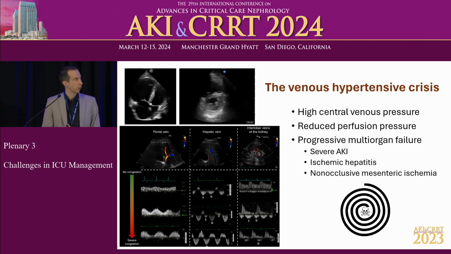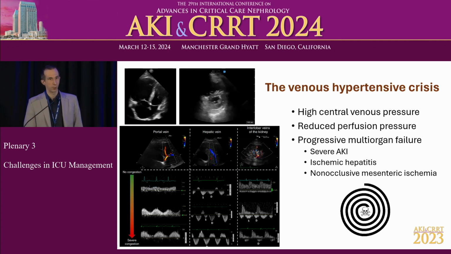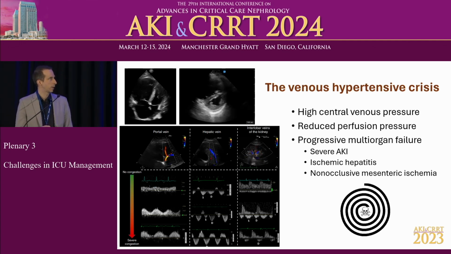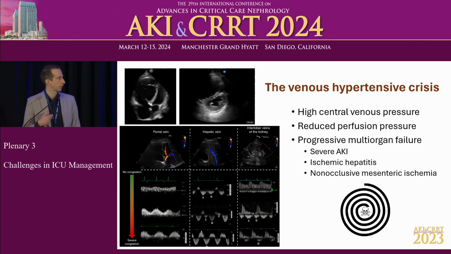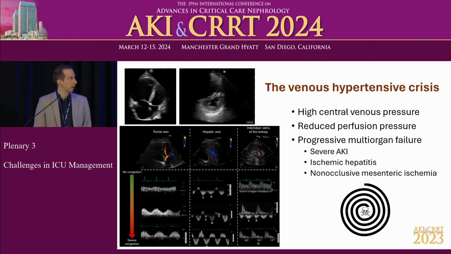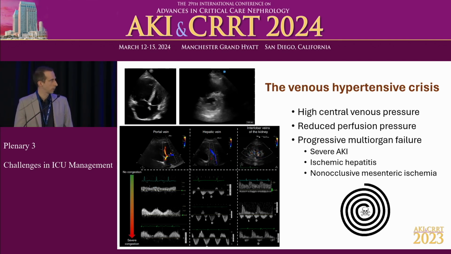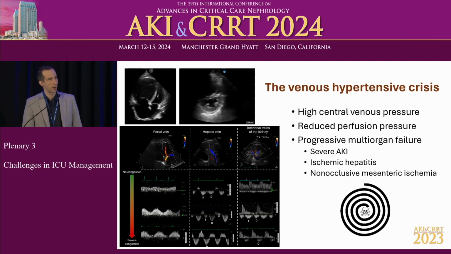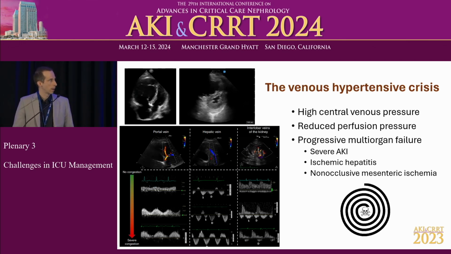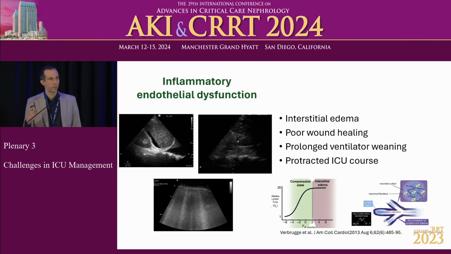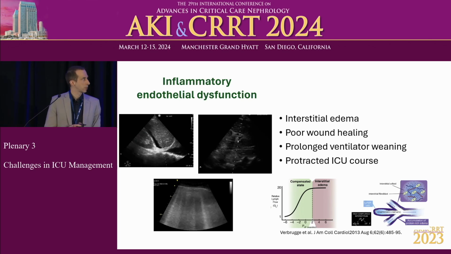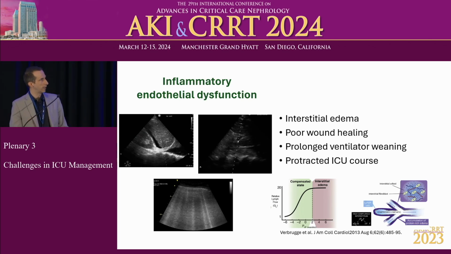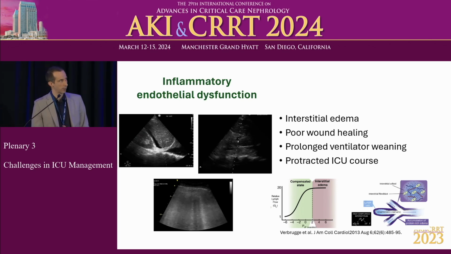And there's progressive and often rapid multi-organ failure, resulting in severe AKI, ischemic hepatitis, sometimes also mesenteric ischemia. And you can see often those venous Doppler signs that are abnormal in the periphery and the portal vein, intrarenal veins.